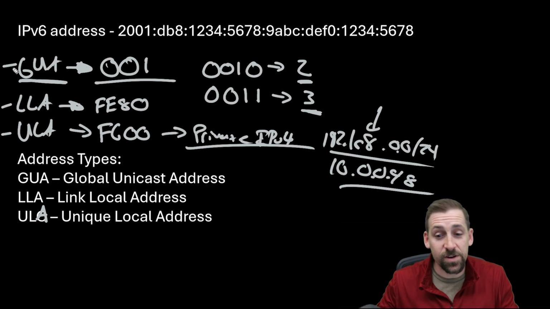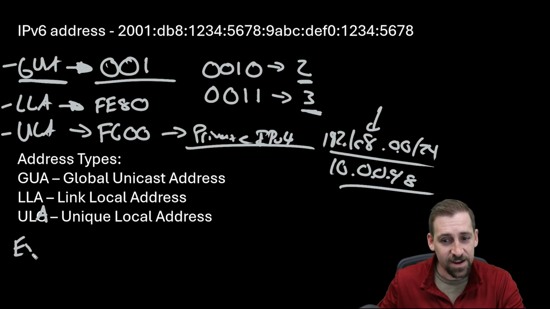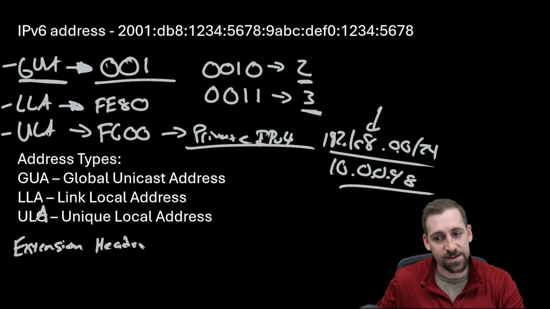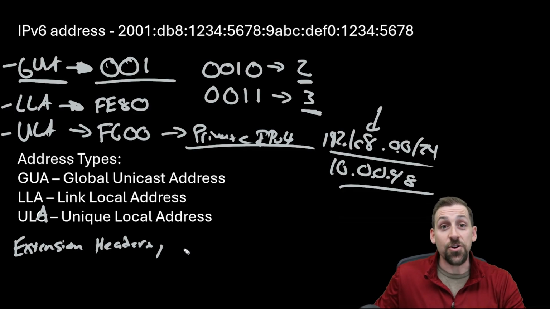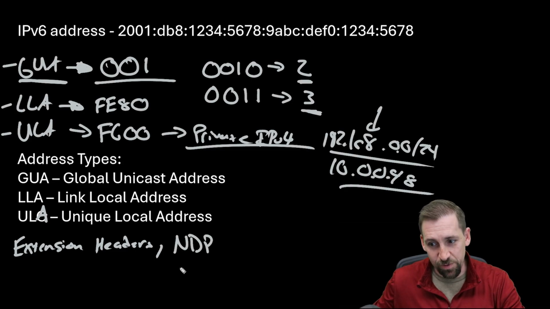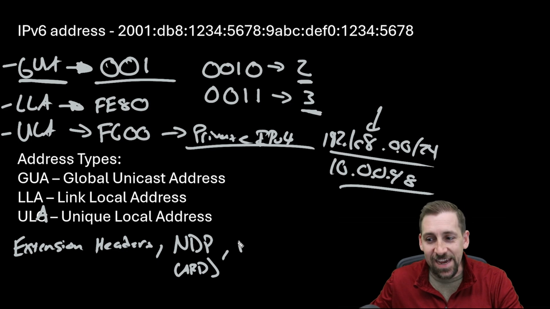There are additional components. I talked about things like extension headers that have been added to IPv6. There are new neighbor discovery protocols, NDP, which replaces ARP. There is a new DHCP for v6.